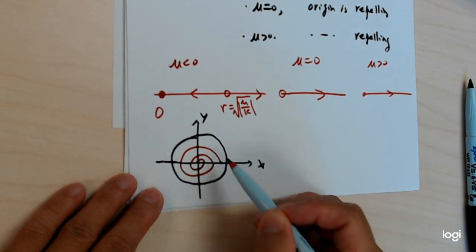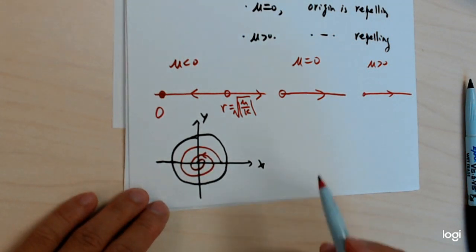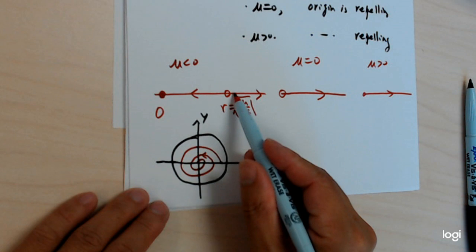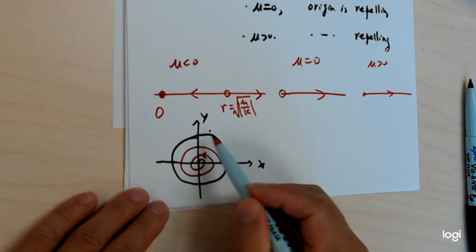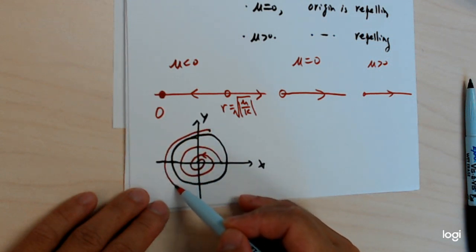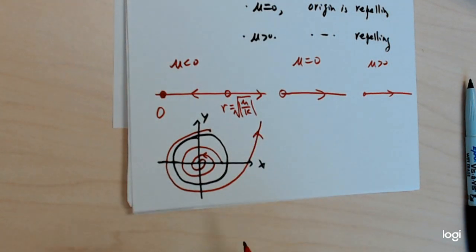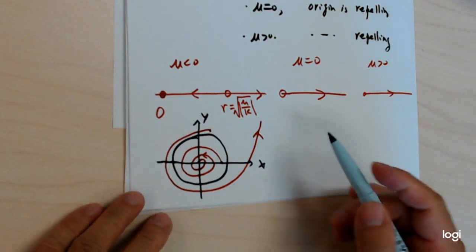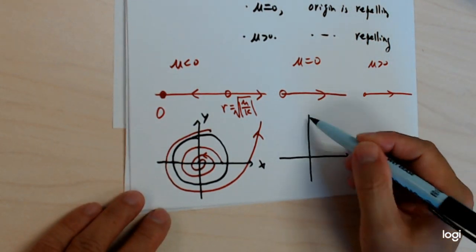Okay, it will move spiraling towards 0. And if you start somewhere close to the limit cycle here, it will spiral away. This is the same.